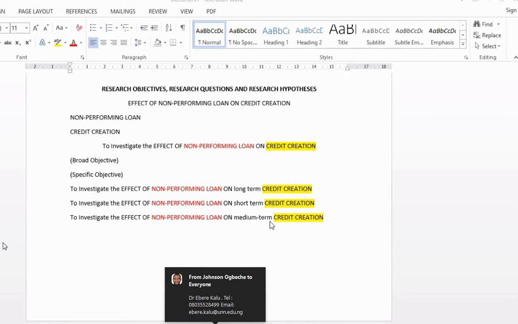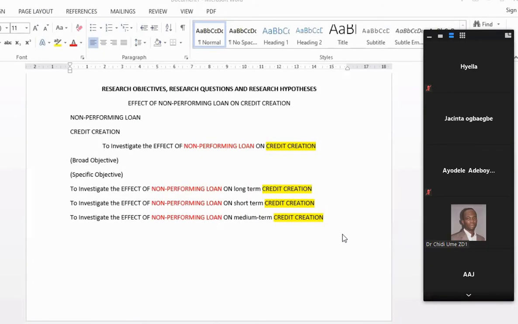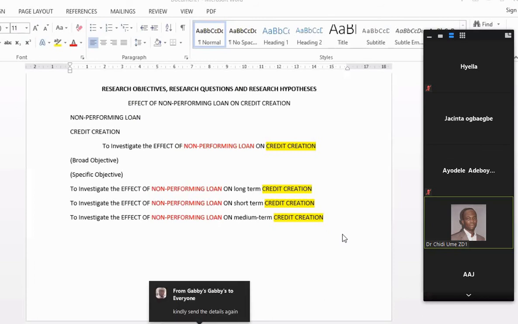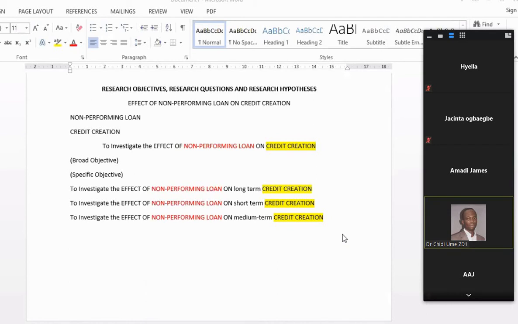And I told you the way to break this broad objective. You break the broad into specific objectives. The specific objectives are subsets of the broad objective, and they are specific because they have been reduced to measurable components of the broad objective.